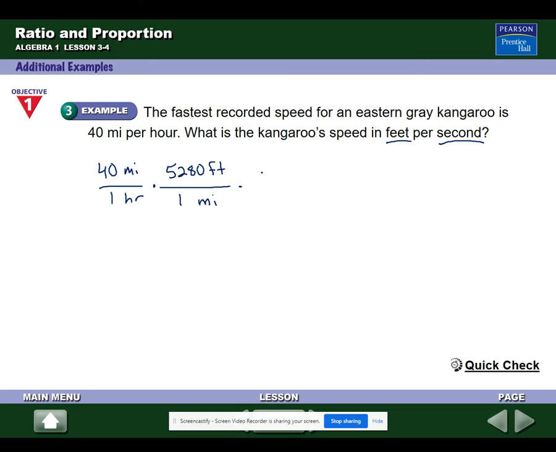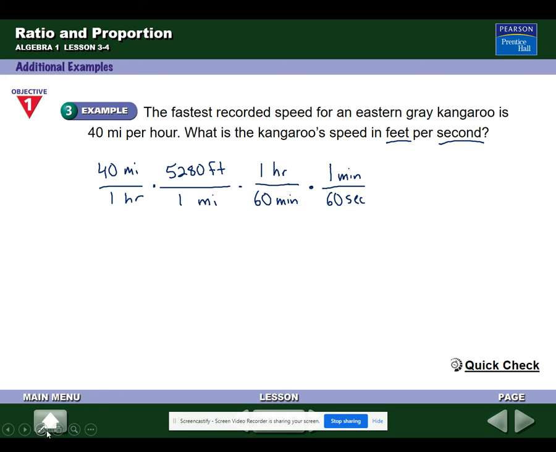How about 1 hour over 60 minutes? Also a fraction that's equal to 1. It's the same amount of time. This amount of time and this amount of time are the same thing. This fraction equals 1. Also, we'll multiply by 1 minute over 60 seconds.